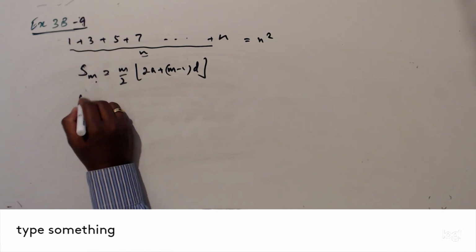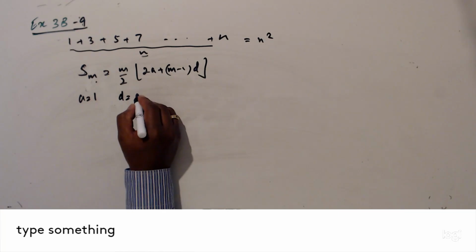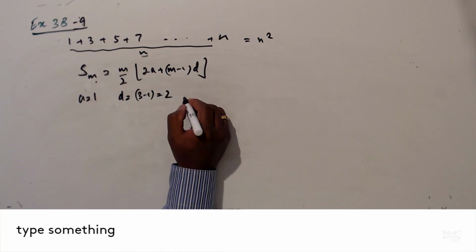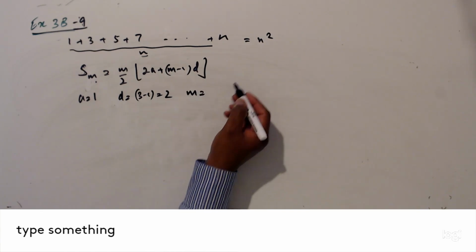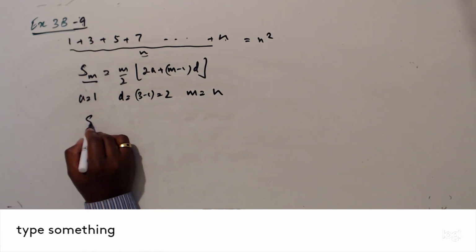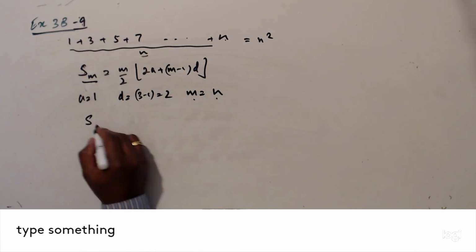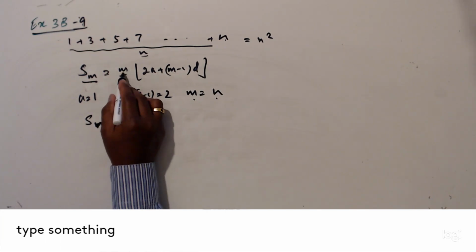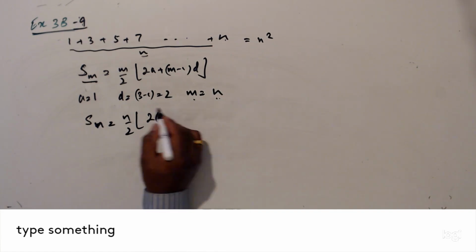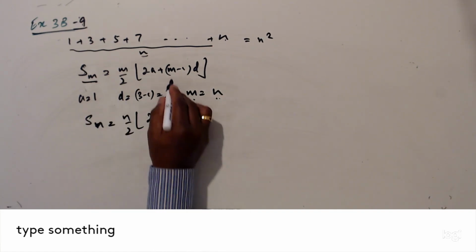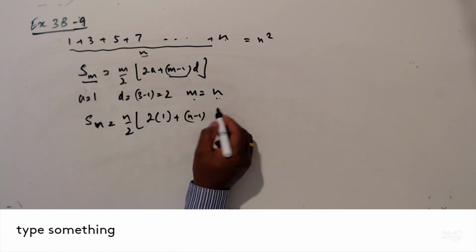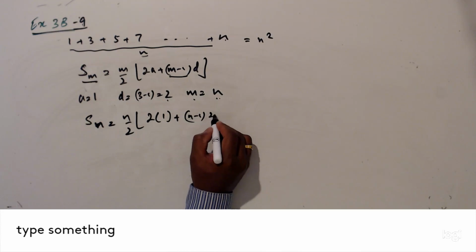Now a is 1, d is 2, since 3 minus 1 is the common difference, and m is now n terms. So we apply Sn equals n divided by 2 times 2a, which is 2, plus n minus 1 times d, which is again 2.